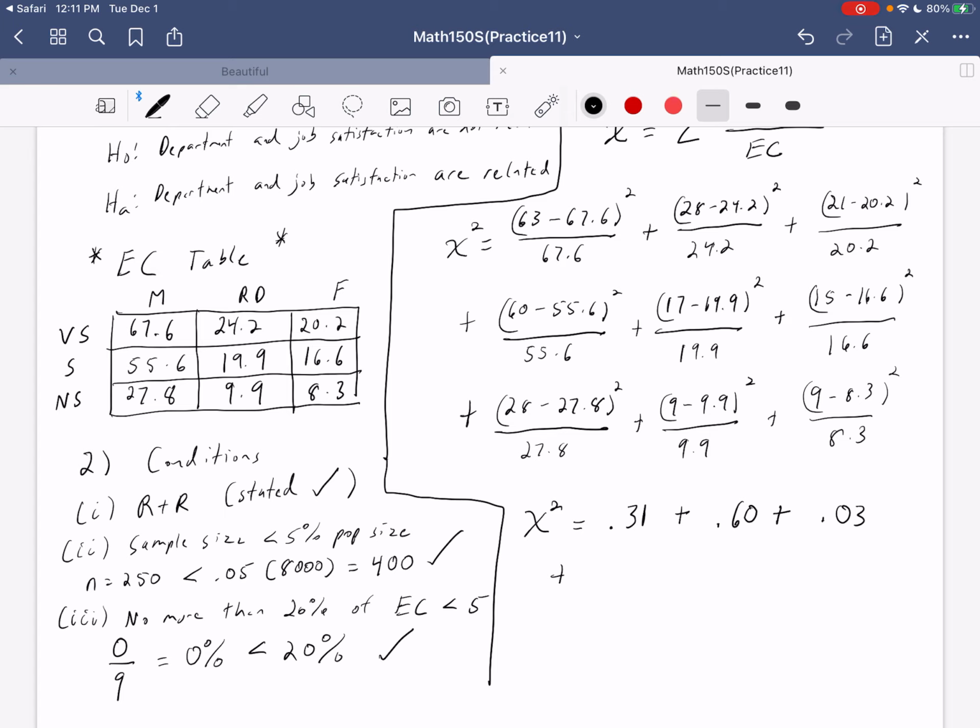Then plus, next one, 60 minus 55.6, close up the parentheses, square it, and divide by 55.6. So 0.35.